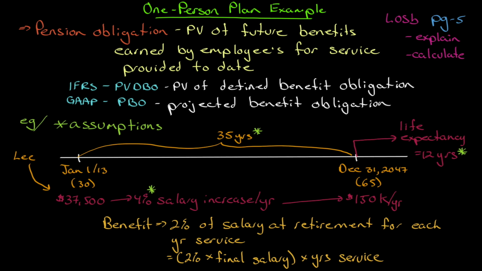Here's the deal with this: I'm going to give you a one-person pension plan example for maybe a couple of years of employee service, so that with all the language and terminology we're going to use, we have it clear in our heads what we're talking about as we move forward.